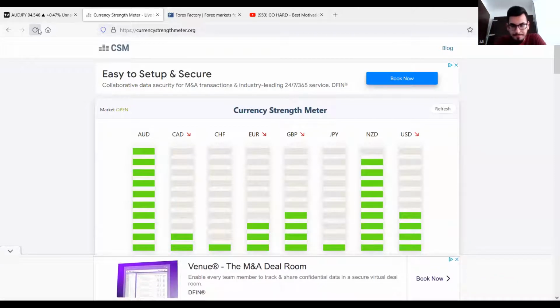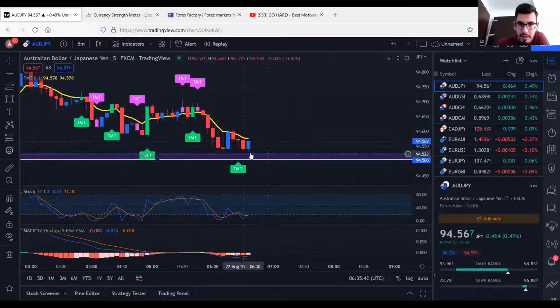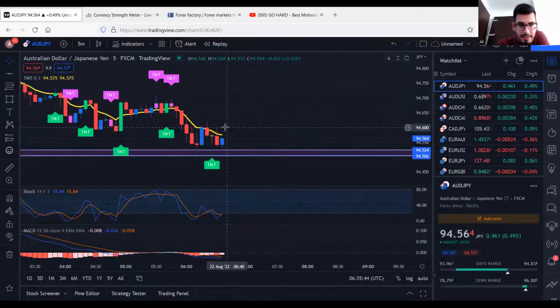Other than that, what other currency pair can we look at? Let's look at NZD pairs. Okay, let's look at NZD USD. No, AUD is running away again. It didn't hit my area.